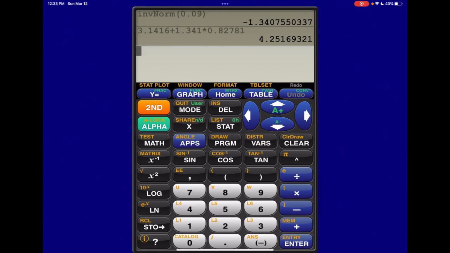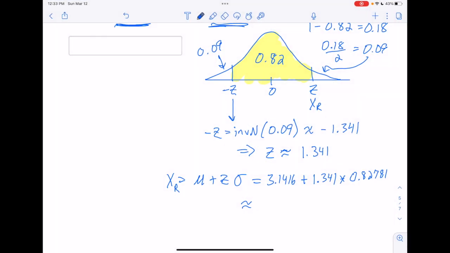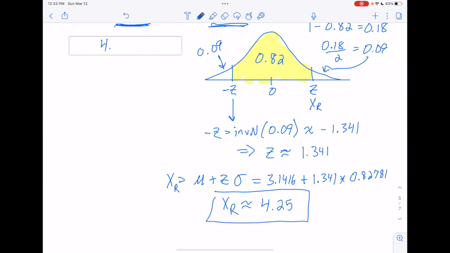Usually you're supposed to put as a default 1 decimal place more than the mean. The mean has 4 decimal places, so that would be 5. But they asked us for 2, so we'll do 2. 4.25 followed by 1, so we'll stick with the 5, so 4.25. So x on the right is 4.25. That's what they asked us for, so that would be our answer, and that's what we would enter into the answer box in active learning.